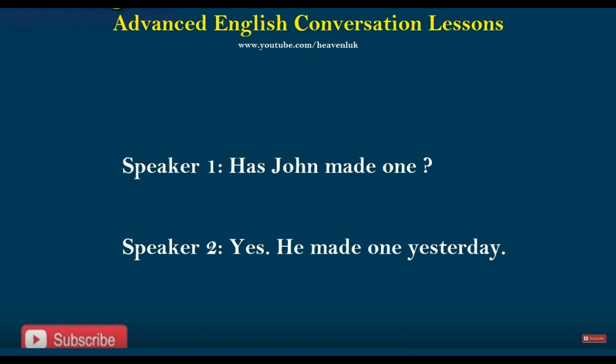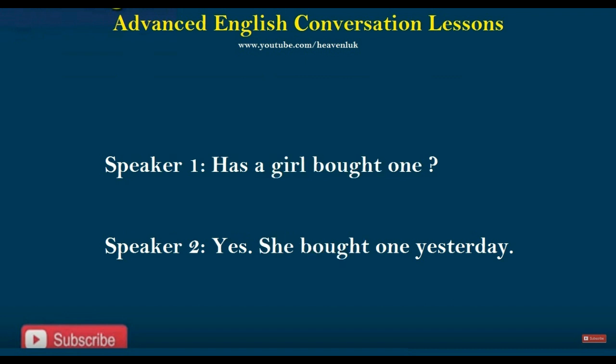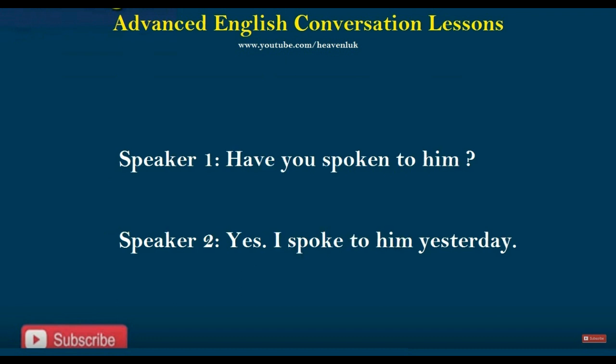Speaker 1. Has John made one? Speaker 2. Yes, he made one yesterday. Speaker 1. Has the girl bought one? Speaker 2. Yes, she bought one yesterday. Speaker 1. Have you spoken to him? Speaker 2. Yes, I spoke to him yesterday.